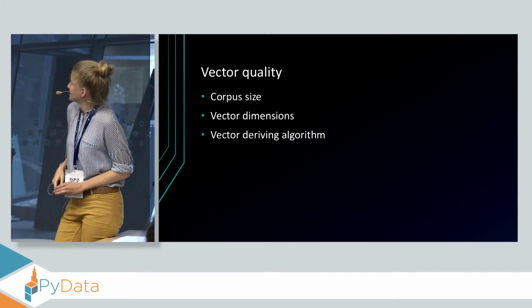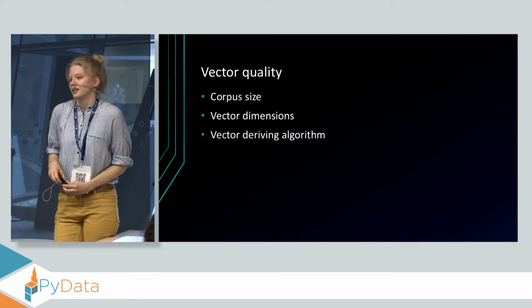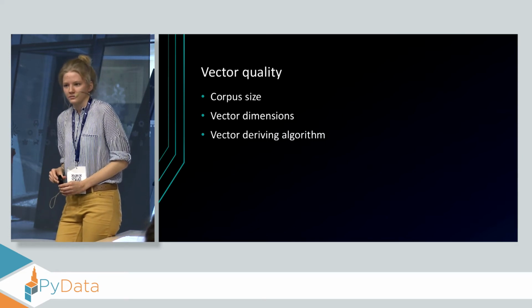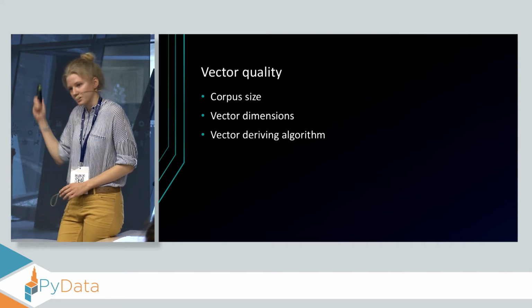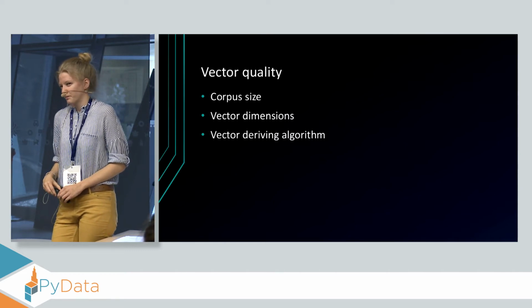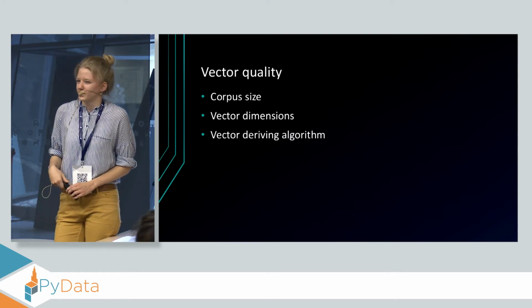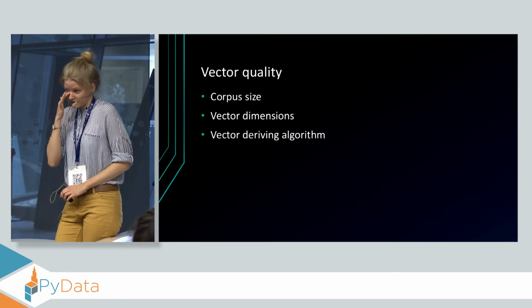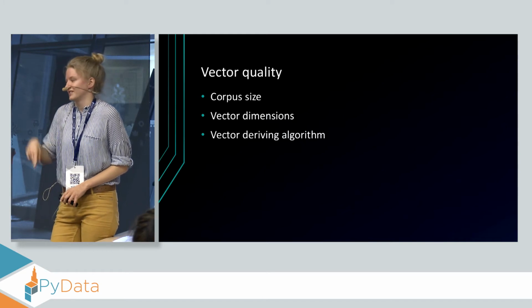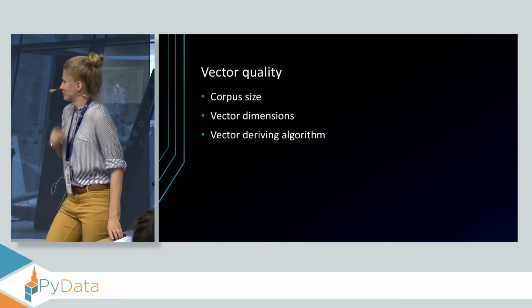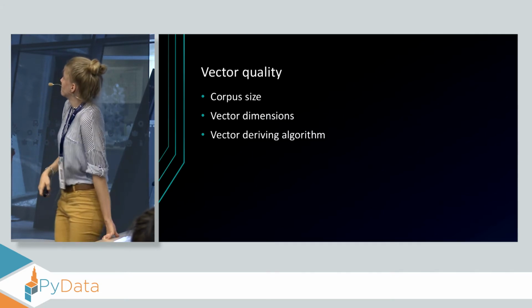The most important is corpus size, typically a few billion tokens. The data that I used here was trained on 6 billion tokens, and there were 50 dimensions. But I had to cut down to the most frequent words because my laptop wasn't coping.